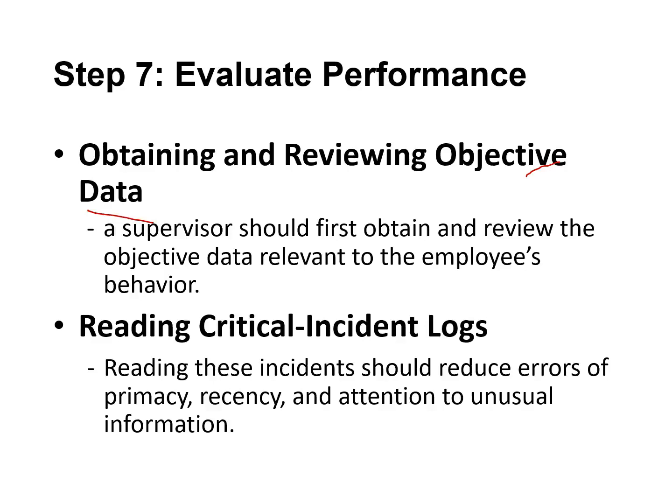And if you don't have notes, then you will rely on least reliable sources of information. This objective source involves reading the critical incidents logbook. That's why it was recommended earlier that before you rate, you should have a list of good behaviors of this employee.